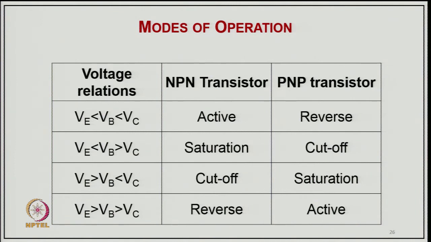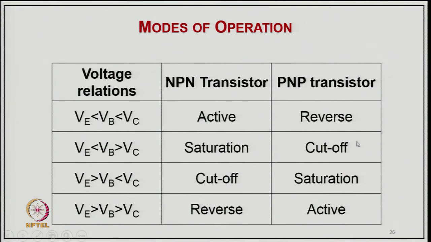So, the voltage relation means if VB is in between VE and VC, then it is active, but here it is reversed for PNP, because it just goes in reverse. And if VB is greater than VE and greater than VC, then the device is in saturation. Both junctions are in forward bias.